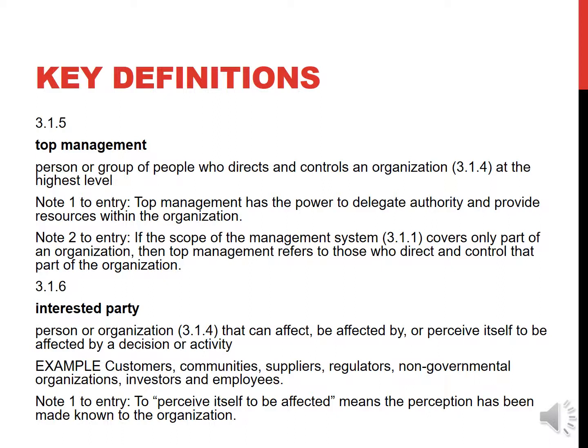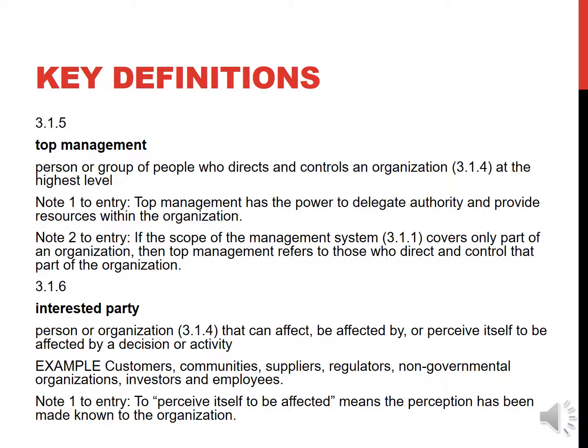The idea is that the top management is considered all of the individuals who can delegate authority, provide resources, direct the organization in a particular path, and control the operations.